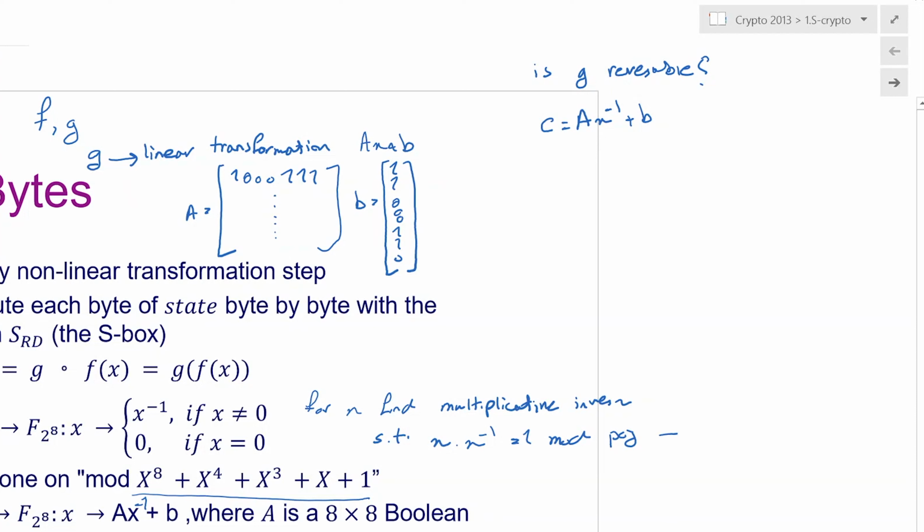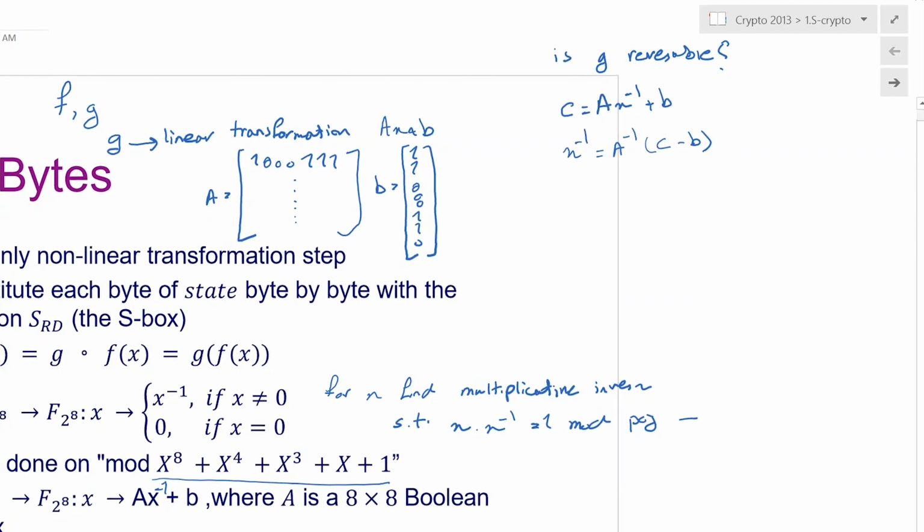What I can do to do this computation is return C over here and move some of these variables. I can get x minus b equals a inverse of c minus b. I know that c is a vector, b is a vector, a is a matrix, and I compute the inverse of it, and so therefore I can compute it.